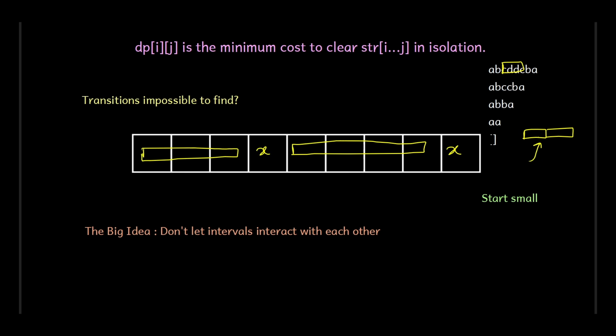And how did we prevent the merging? By adding a barrier over here, from x over here and x over here. So that's all there is to interval dp.